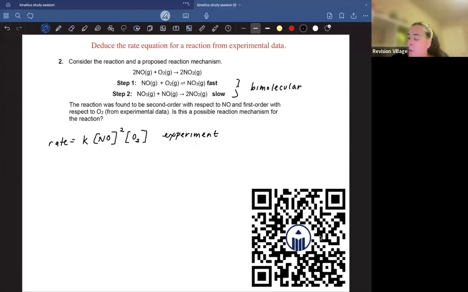So because the second one is the rate determining step, I would write down that the rate of that elementary rate determining step is just the rate constant times the concentrations raised to their coefficients.